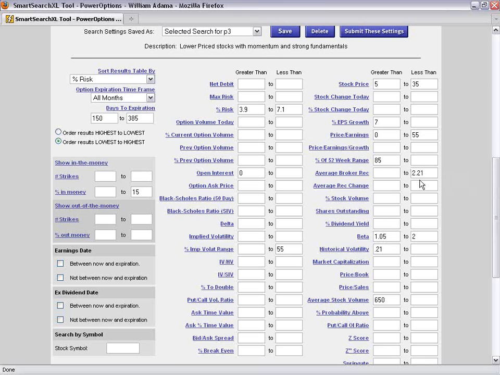But this low value guarantees that the number of 1 votes, of strong buy votes, will be greater than any of the 2 votes or 3 votes. So you have a large bias towards the brokers who are voting a 1 for strong buy. Actually, I think it's 2.25. I don't know why I had 2.21 in there. I think that was just an example of why that was there.